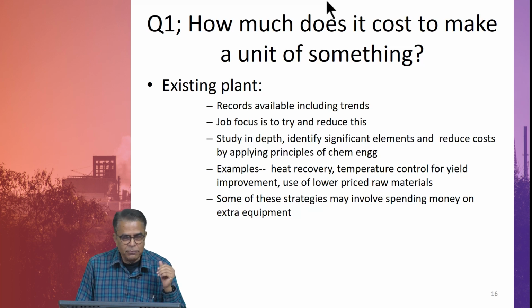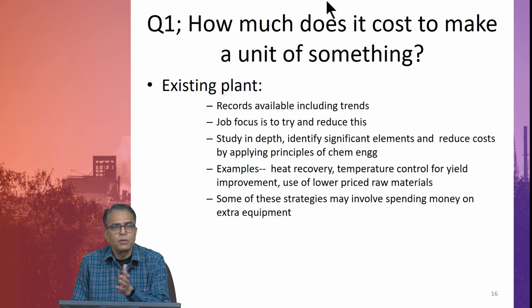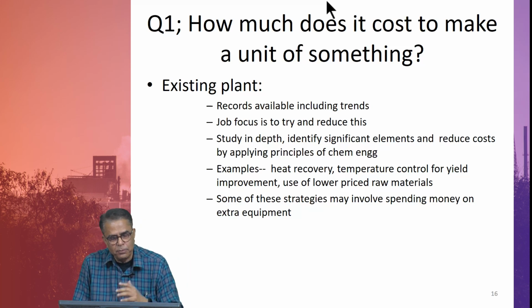So, you will have a lot of information, and if your role permits, you can also have access, because some companies, for some funny habit, do not share it among the employees. This is strange, but mostly well managed companies will share the records with the employees at least. So, you will know what the costs are, including trends, because cost is related to the time at a point of time. If you wanted to know the trend, the way things have moved historically, that also will be available.